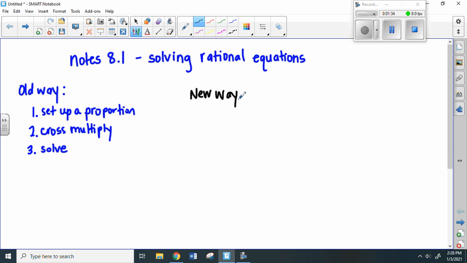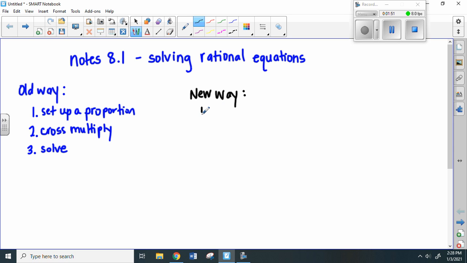I'm going to show you that if you understand the idea of a common denominator, for most of the time, it gets you to either an easier equation to solve or it gets you to the equation to solve quicker.